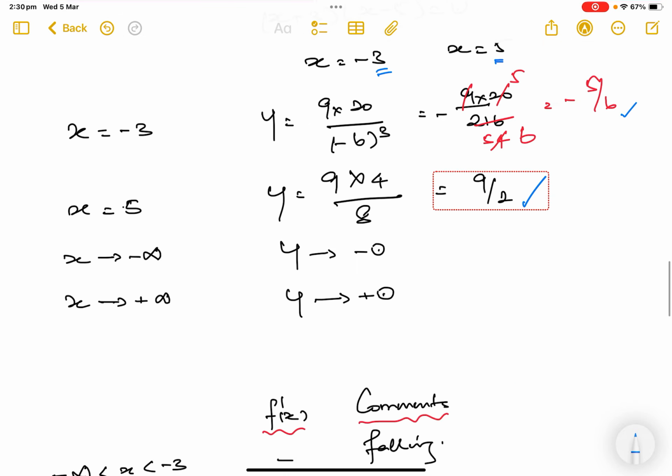So we need to know: is the curve going to infinity or minus infinity, above the x-axis or below the x-axis? We need to know, otherwise we can't sketch the curve.